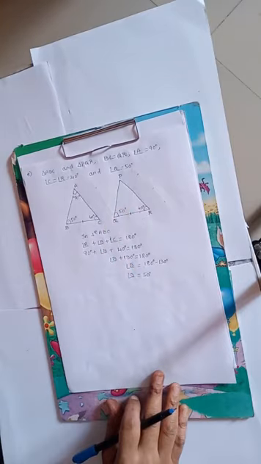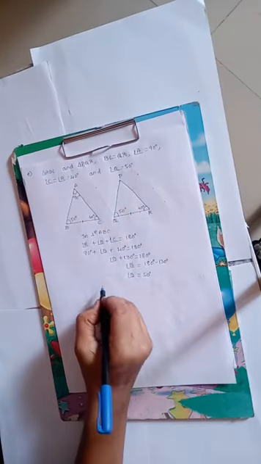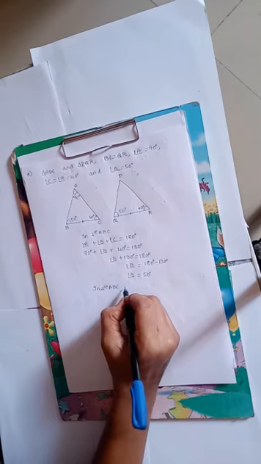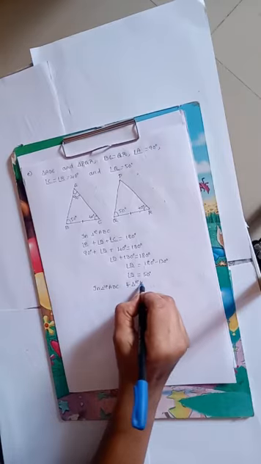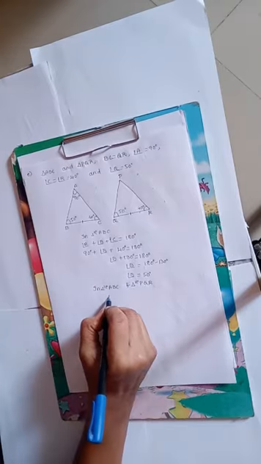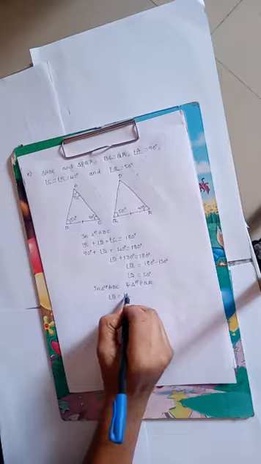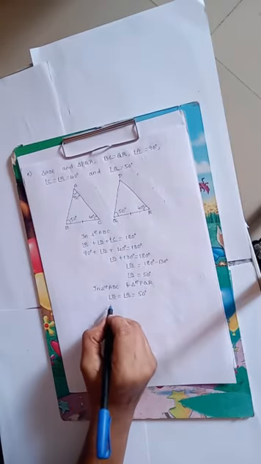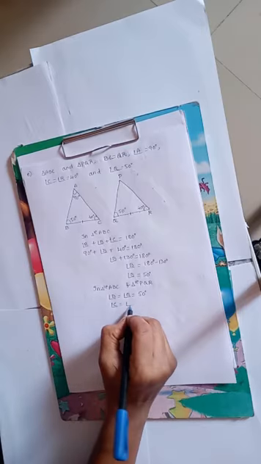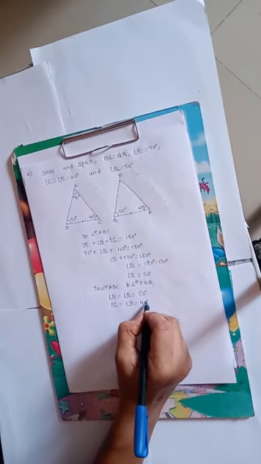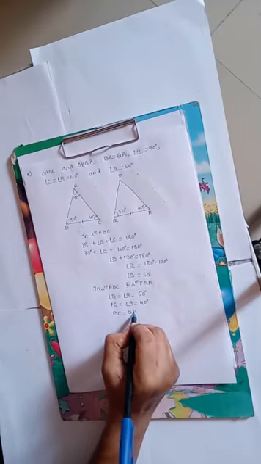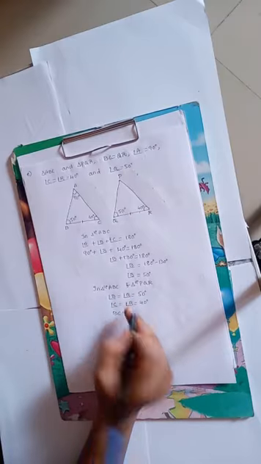Now you can prove that these two triangles are congruent according to the condition of ASA congruency. Now let's take triangle ABC and triangle PQR. That is, angle B is equal to angle Q, 50 degree. Here we already proved 50 degree. Angle C is equal to angle R, 40 degree, as given, and the included side BC is equal to QR.